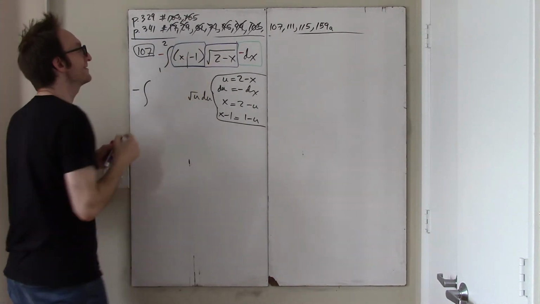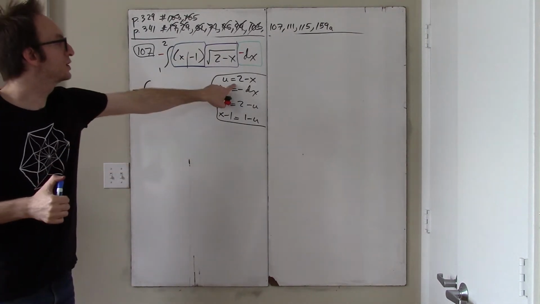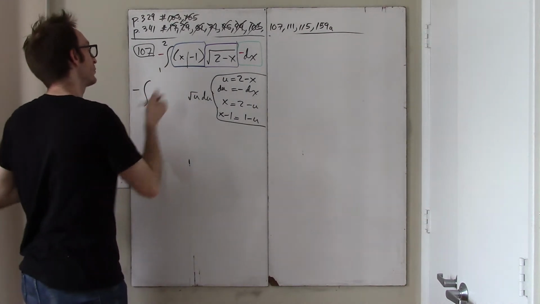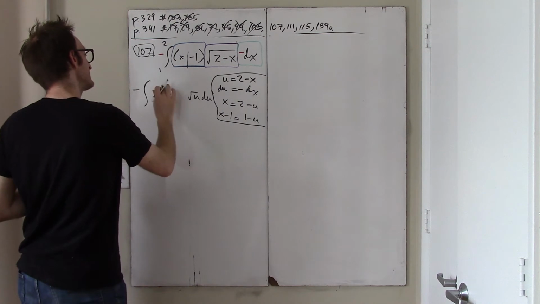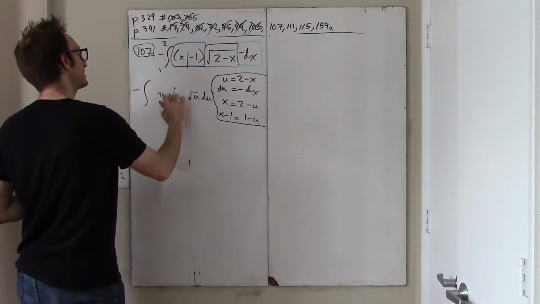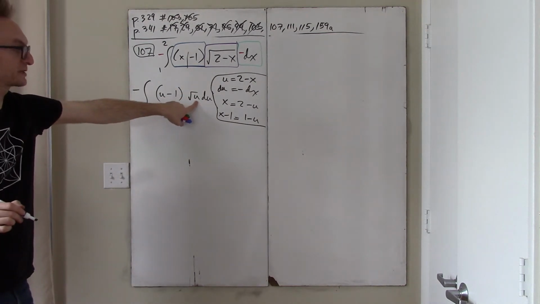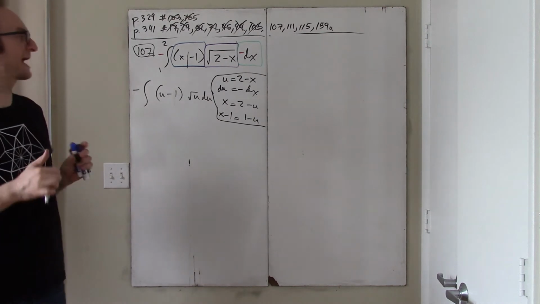But once I have a relationship between u and x, this is just u minus 1. It seems like we've just gone around in a big circle, but no, this is better, because now I can distribute this square root through and get something which is purely algebraic.